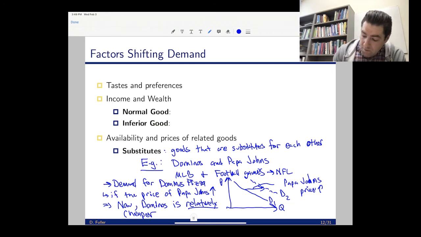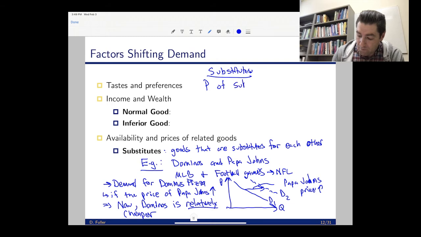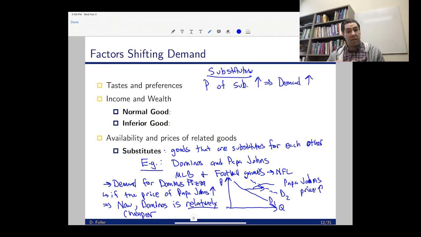So if I kind of wrote some rules here: the price of the substitute goes up, demand is going to increase, demand for this good, right, that is being substituted.